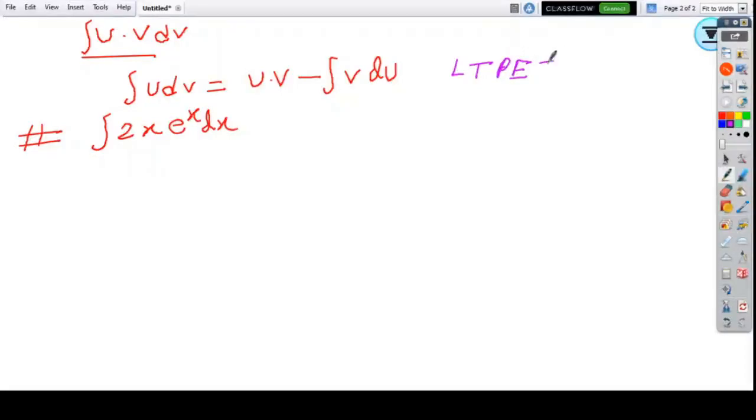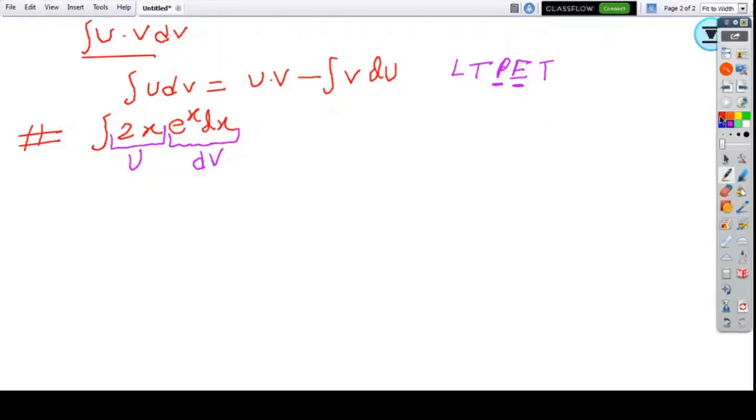In the LIPET rule, the exponential is here and the polynomial is here. So the polynomial will become the first term. So this is u, and the rest, whatever we have, we are taking as dv.